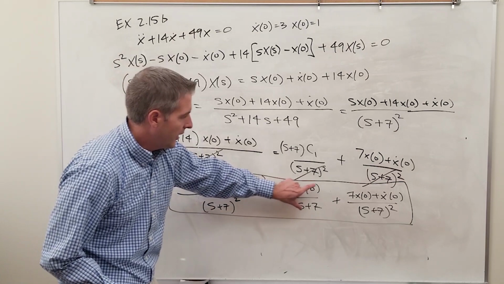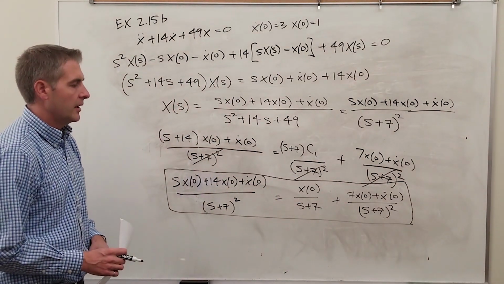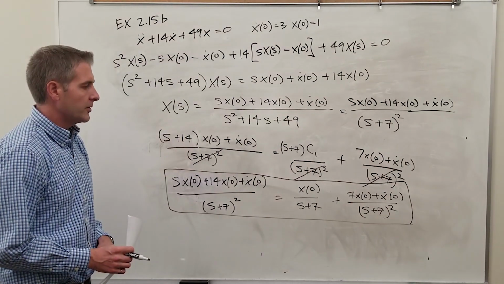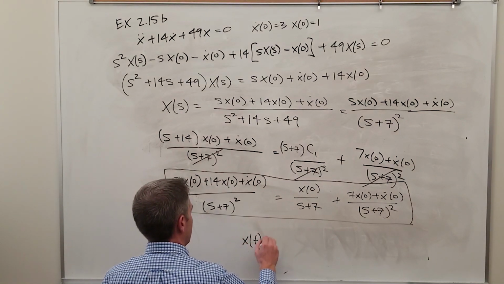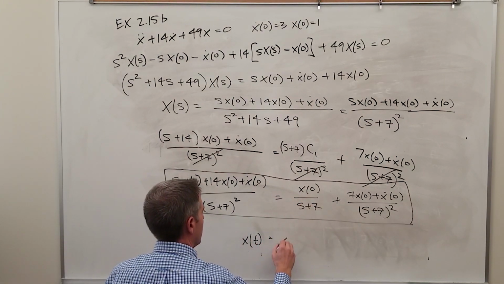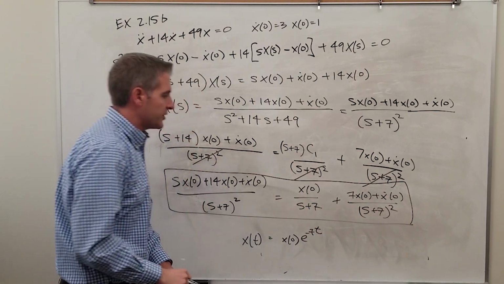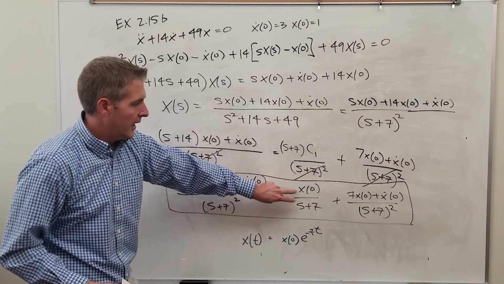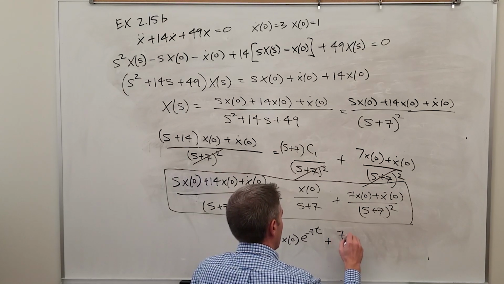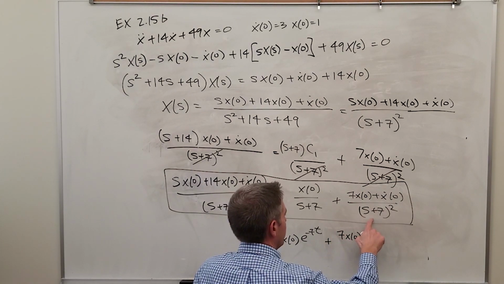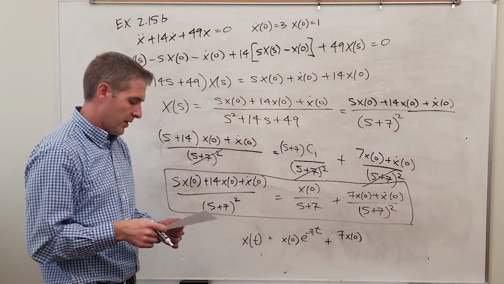Now I need to see what the values are for these terms and whether they exist inside table 2.21 and table 2.22. Well, x0 times e to the minus 7t will be the inverse Laplace transform of this term right here. Then I can break the rest up into two other terms. For 7x0, this time it's squared, so there's a different line inside table 2.21.